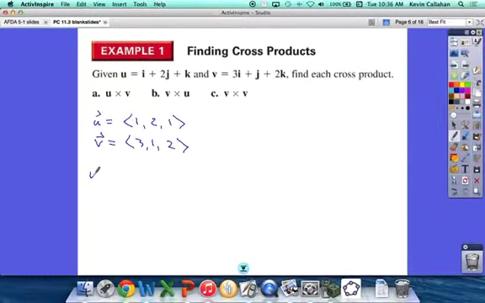Okay, so U cross V. Right, the first component, cover up the 1 and the 3 and take the determinant of what's left. What do you get? 2 times 2 minus 1 times 1, 3.